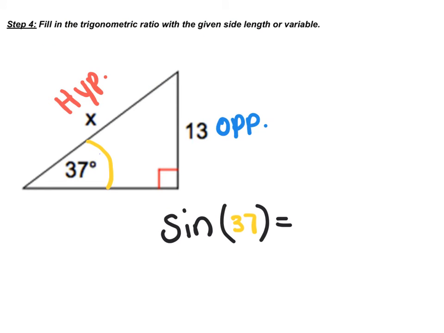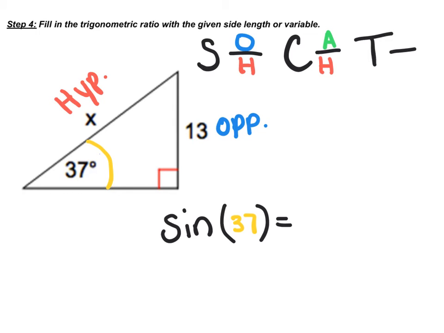So for our problem, we have that this was where we were. Now if I use the relationship SOHCAHTOA, so it's sine is opposite over hypotenuse, cosine is adjacent over hypotenuse, and tangent is opposite over adjacent.